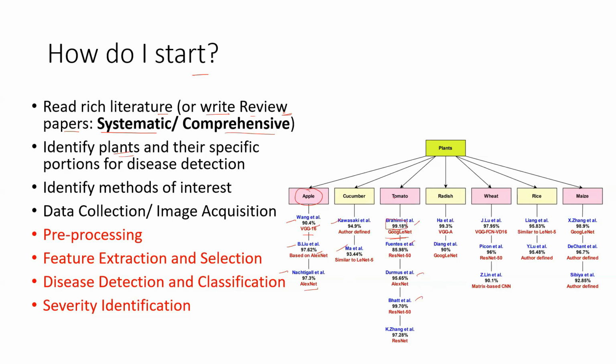So don't focus much on these kinds of plants. Identify plants that are important to you, and then specific portions: stem, roots, leaves. Definitely focus more on the leaves. Then methods of interest: which methods are suitable for you, data collection, pre-processing, feature extraction, and then severity as well.